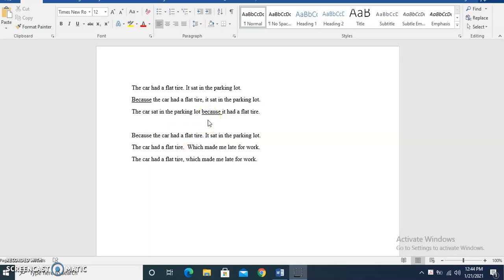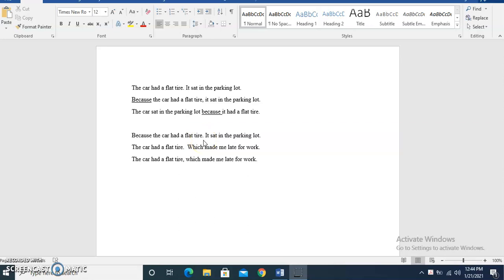Because like we said, if you read it, because the car had a flat tire, it doesn't work by itself. And when you use a period, you're disconnecting it from the independent clause that it needs to be connected to, right? When you put a period at the end of a subordinating clause, this is what leads to a sentence fragment.